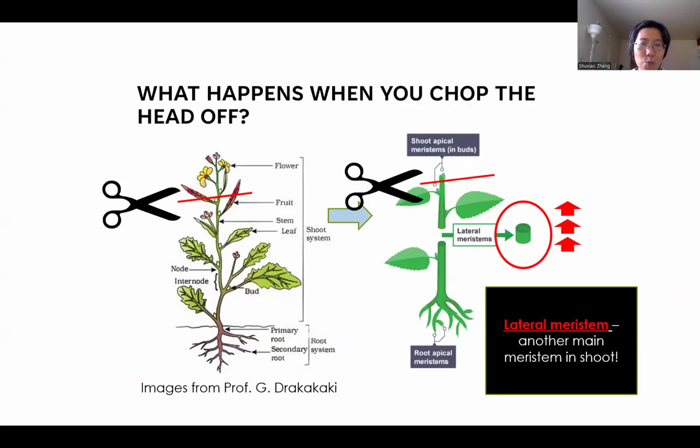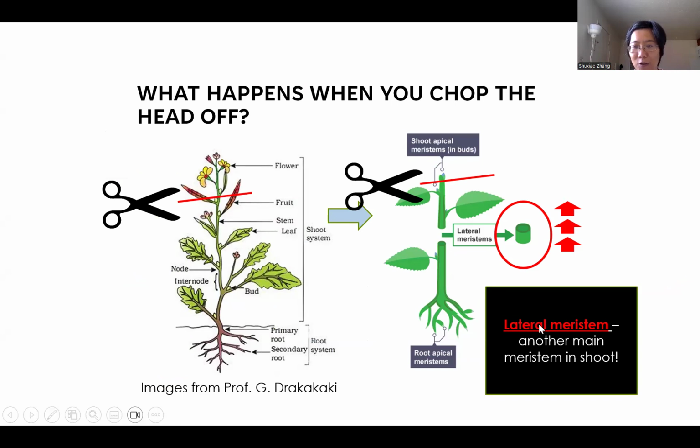All right, so here's what the meristem does in more detail in a plant. What happens when you chop off the terminal bud or the head of the plant is that the lateral meristems located in the axillary buds become activated. Normally, they're suppressed by signals coming from the terminal or apical bud.